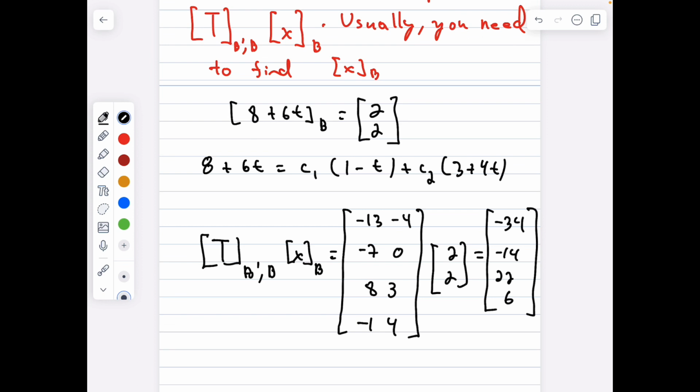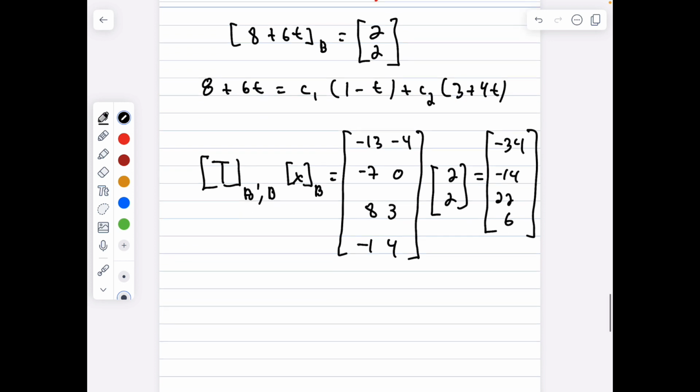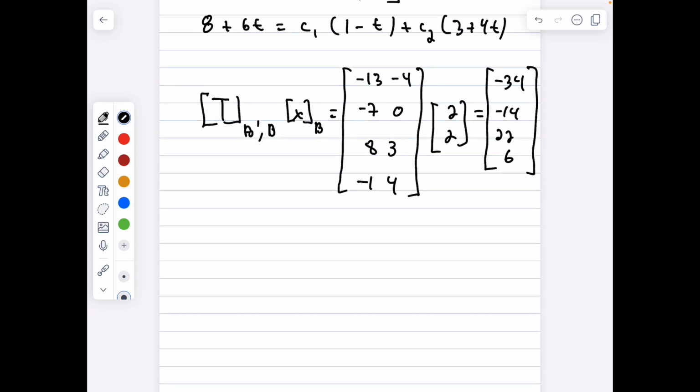And then what you're going to do is take your matrix T, B to B prime, and multiply that by that coordinate vector, 2, 2. And you get this result right here: minus 34, minus 14, 22, and 6, okay?